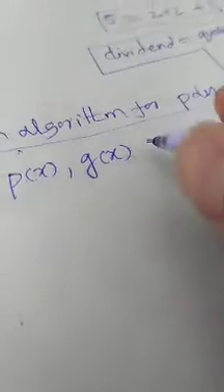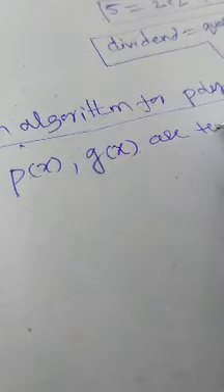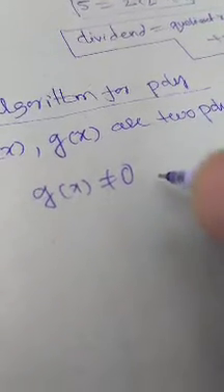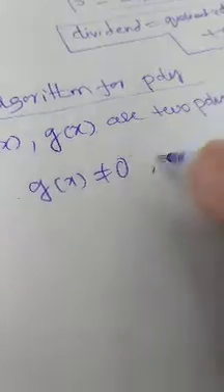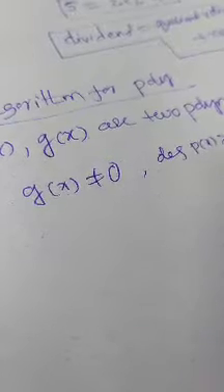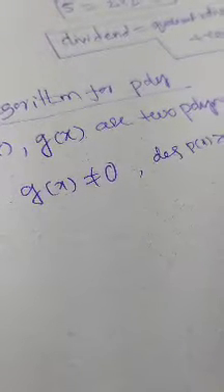If we have two polynomials, p of x and g of x, where g of x is not equal to 0, and degree of p of x is greater than degree of g of x.